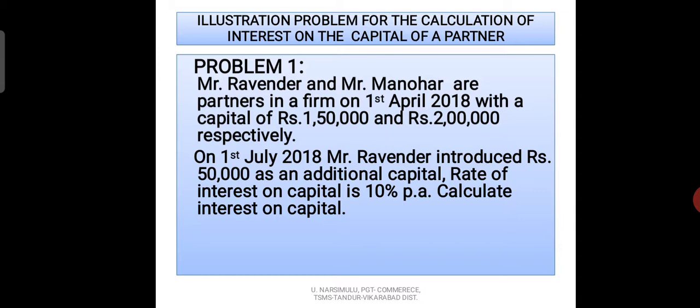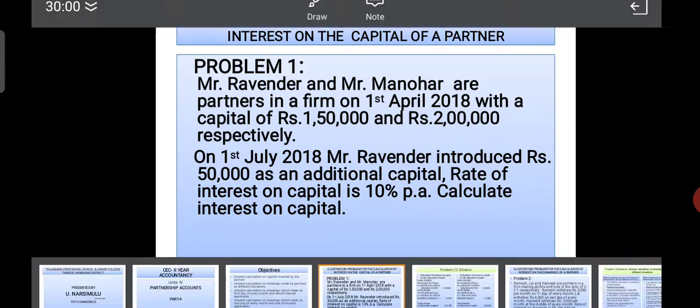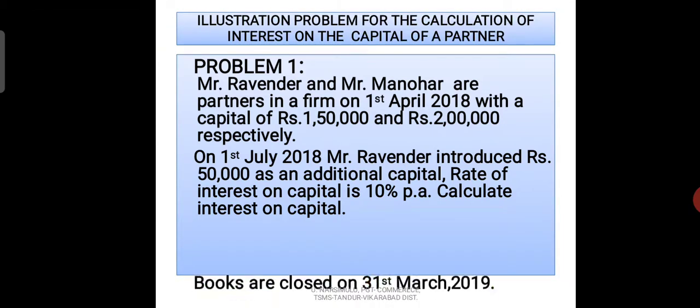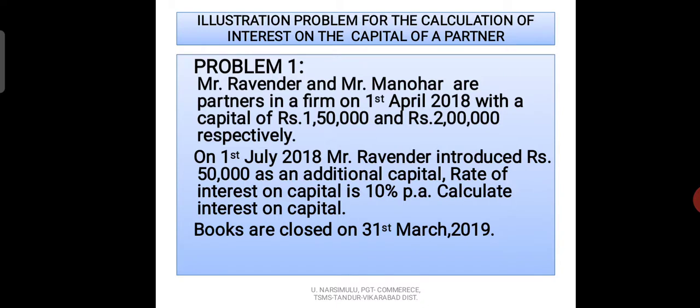And second, here one more point you can go to observe the interest rate on capital. So at what rate we have to calculate interest? That is at the rate of 10% per annum. So it is the fourth point. So one more point here, that is books are closed on 31st March 2019.